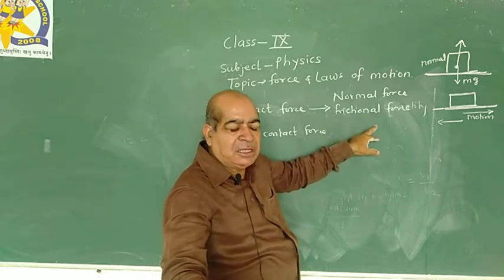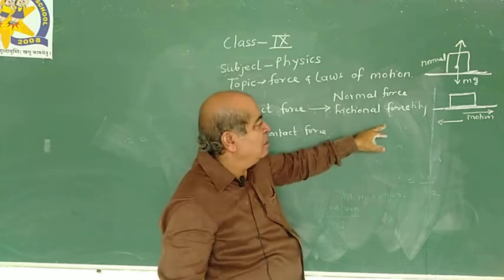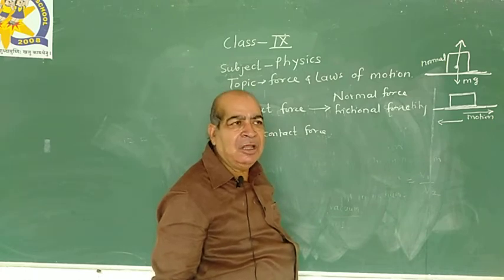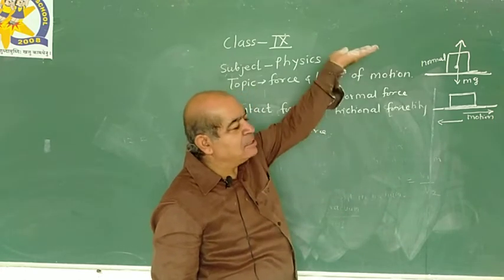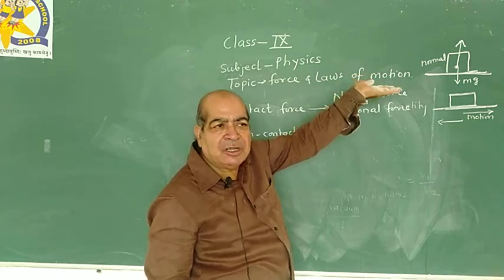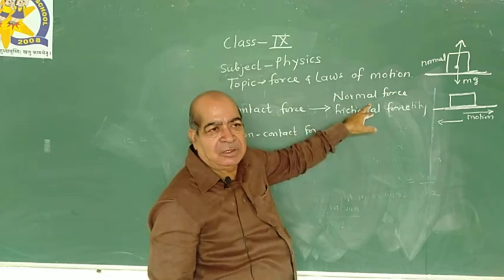When a body is kept on the table or on the surface of the earth, the weight is acting in the vertically downward direction, and the surface exerts a force on the body in the upward direction normal to it, hence it is called the normal force.